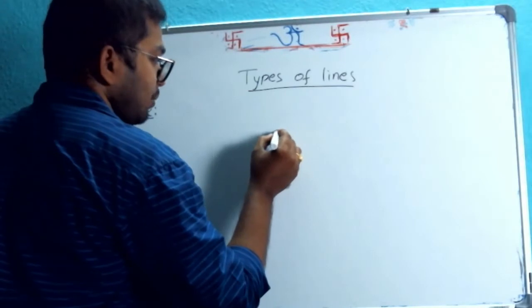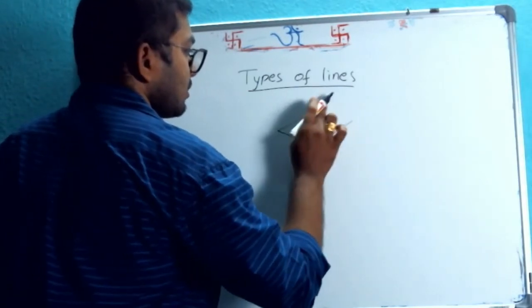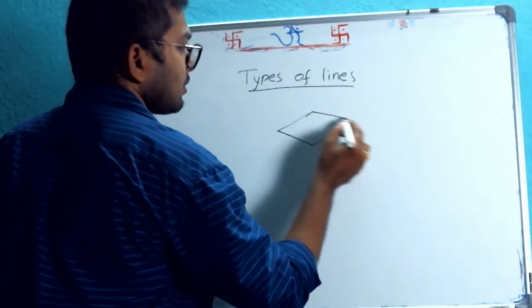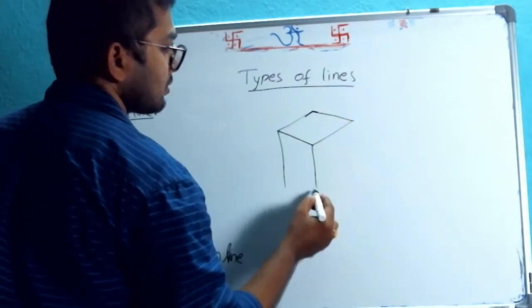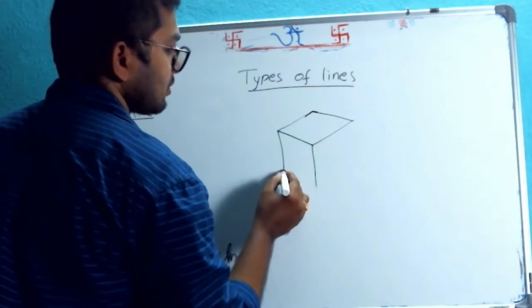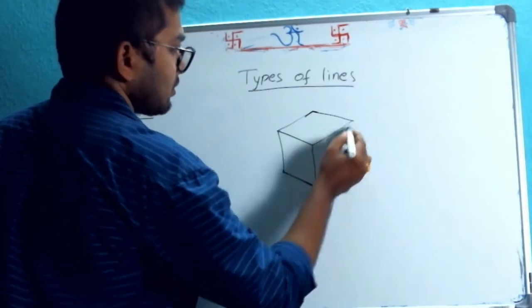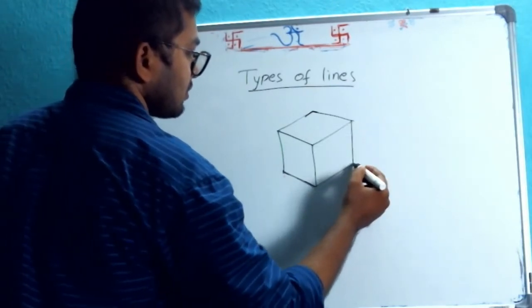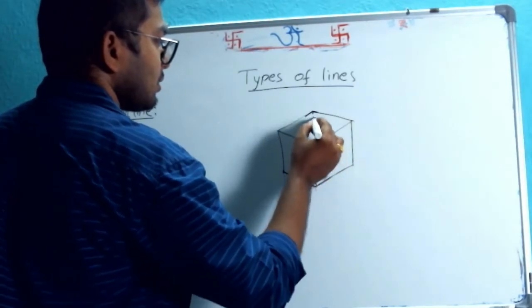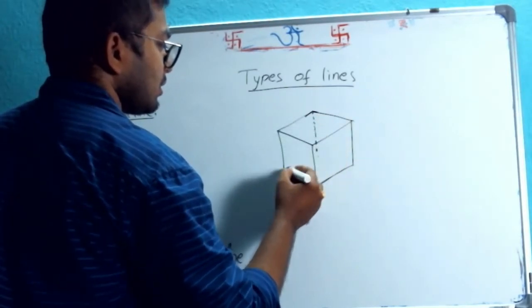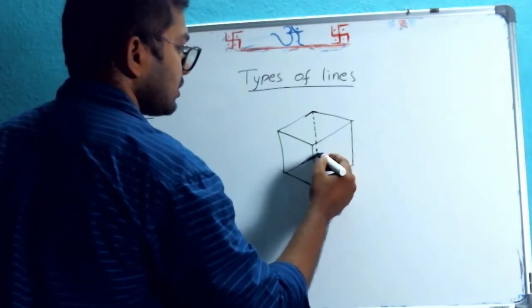Say this is the cuboid you have. The general method is to draw like this.